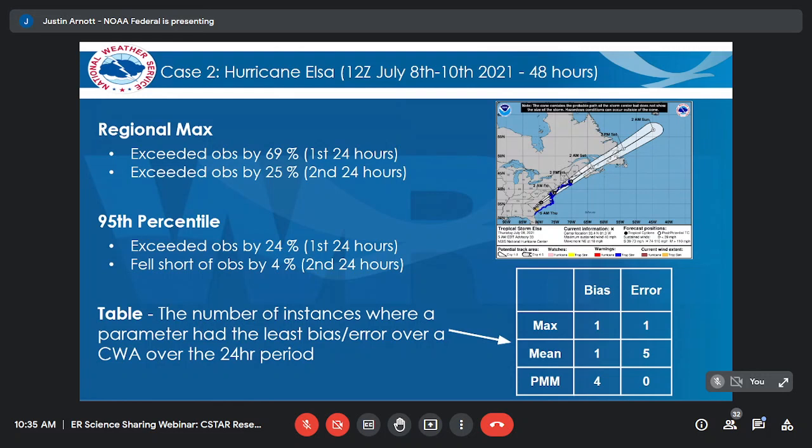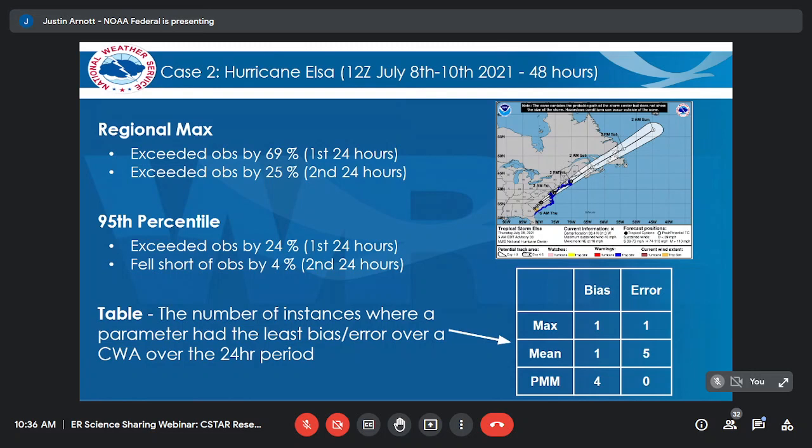Instead of exceeding observation by 69% in the first 24 hours, if you use the 95th percentile, you only exceeded it by 24%. So that's quite a bit more skillful than just using the max indiscriminately.